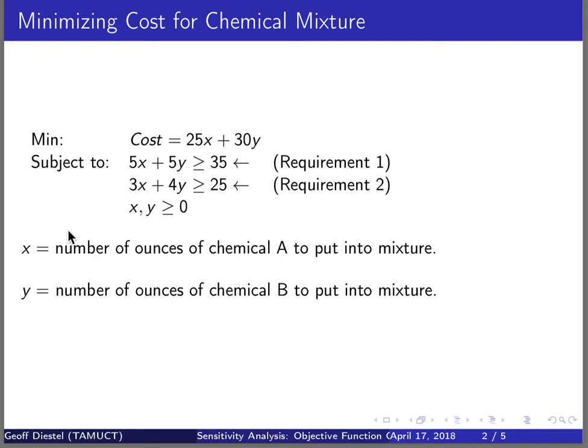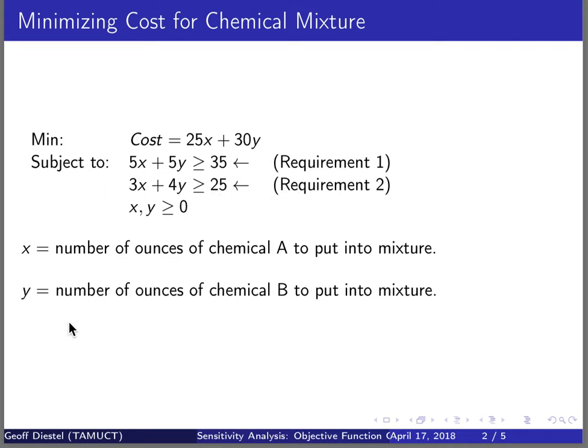So we could think of this as a case where the company has multiple waste chemicals, and it's okay to mix some of them, and a mixture might make them cheaper to get rid of than if we got rid of each one individually. So that's where these requirements may come into play.